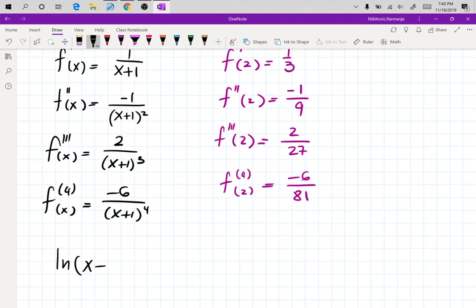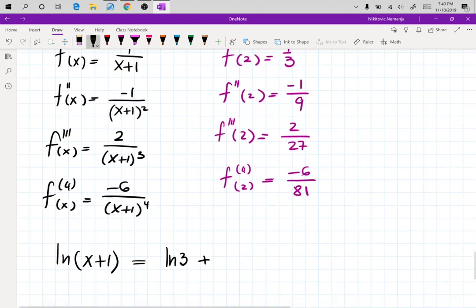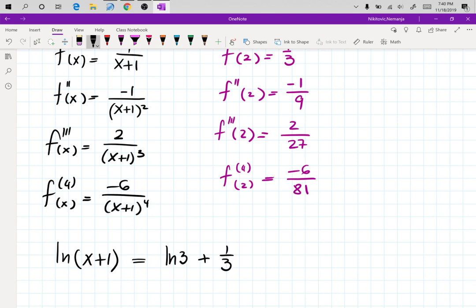So ln of x plus 1 is going to be ln 3, that's the 0th derivative, the original function, plus the first derivative, that's 1/3 divided by 1 factorial, times x minus 2. Second derivative, that's 1 over 9, divided by 2 factorial, so 1 over 18.